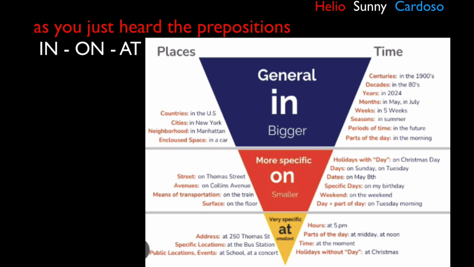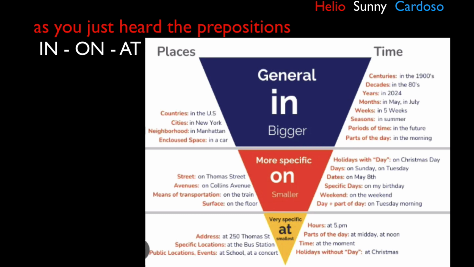So now try to create sentences talking about places that are large using in, places that are not so large using on, and specific places using at. And then try to do the same thing with time. Large amounts of time you use in. I was born in 1999.